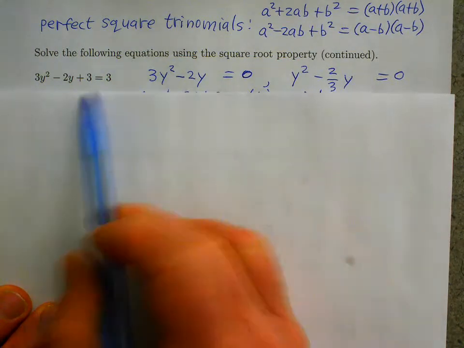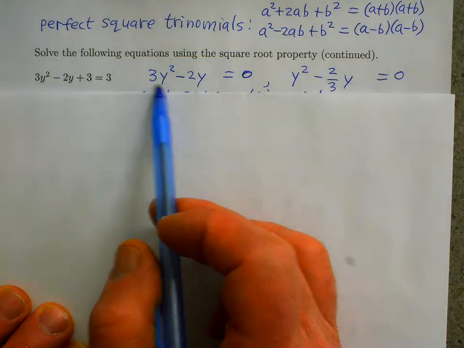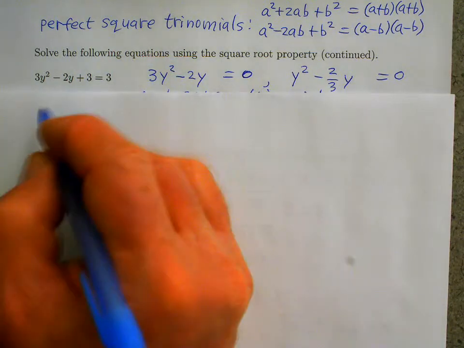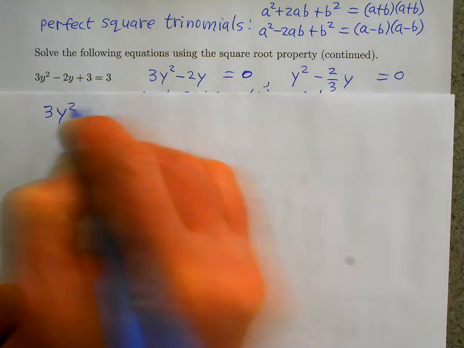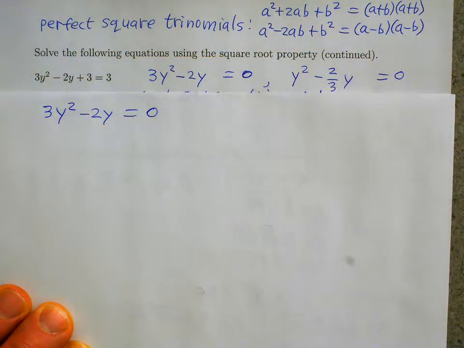Notice when we subtracted 3 from both sides, we ended up with 3y squared minus 2y equals 0. I know we were sort of forced into solving it the way that we did because of the directions, solve by using the square root property.